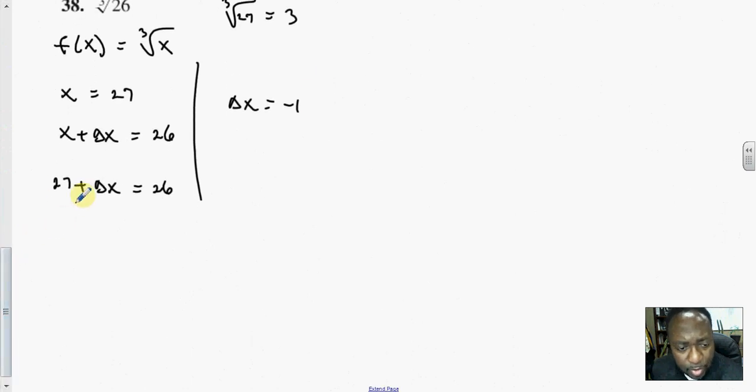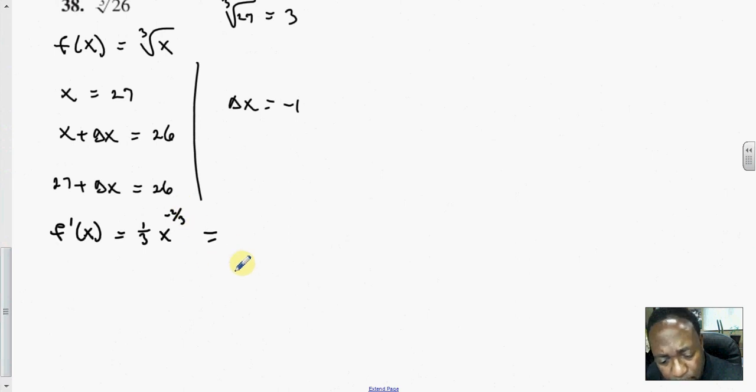Now we need that derivative. f prime of x is 1/3 times x to the 1/3 minus 1. We get negative 2/3. So that derivative is 1 over 3 times the cube root of x squared.